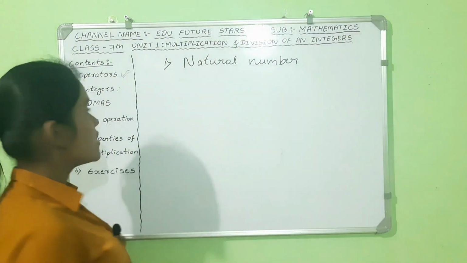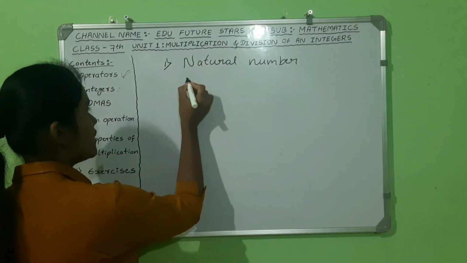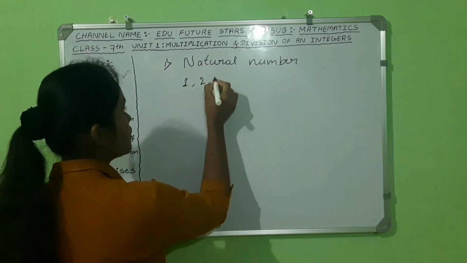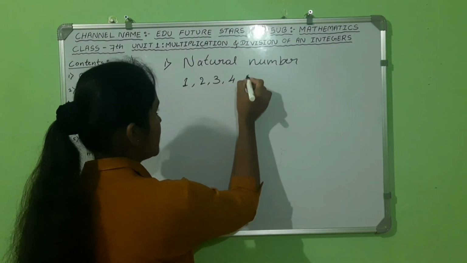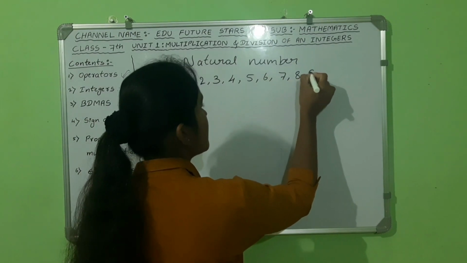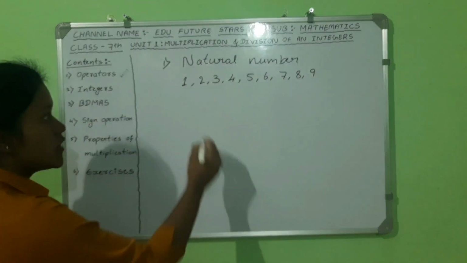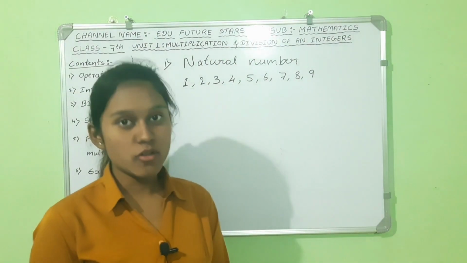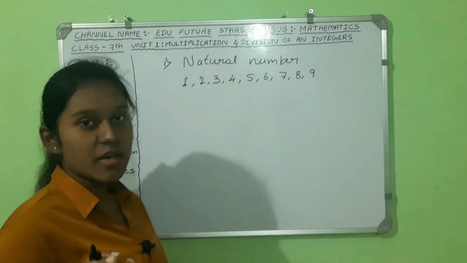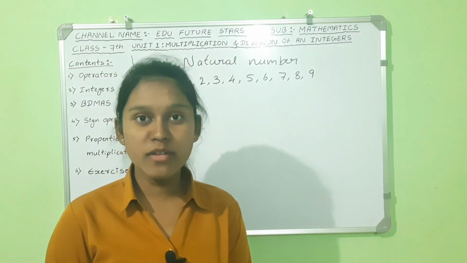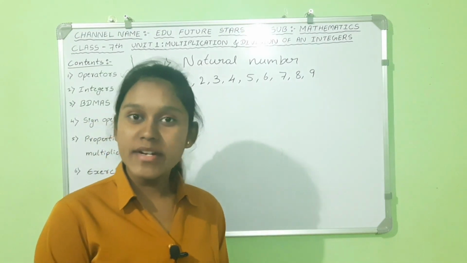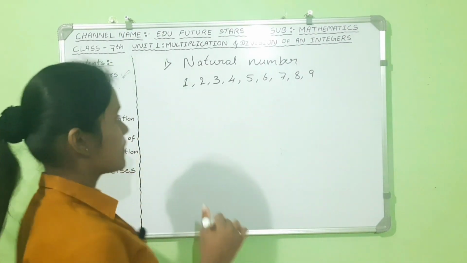Natural numbers start from 1, 2, 3, 4, 5, 6, 7, 8, 9. So these 9 numbers are called natural numbers. I'm just giving a brief of natural numbers, whole numbers, integers and rational numbers because you already learned them in previous classes.